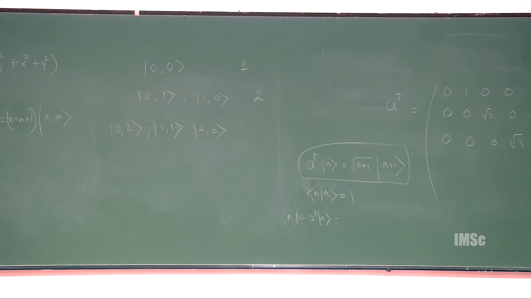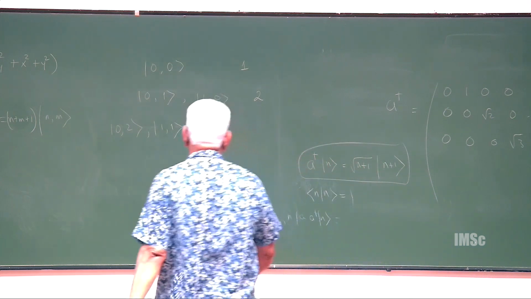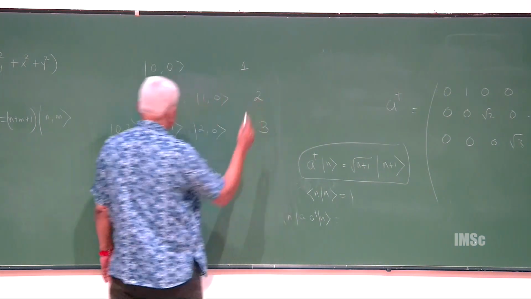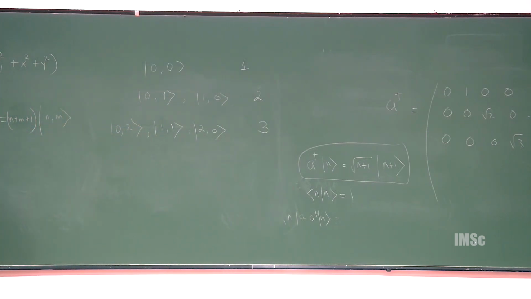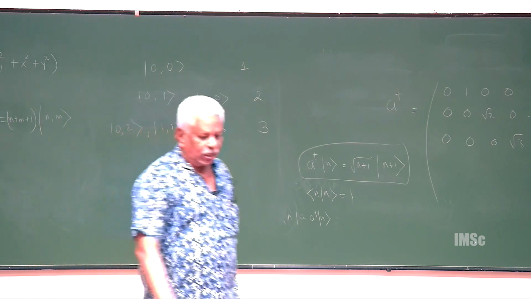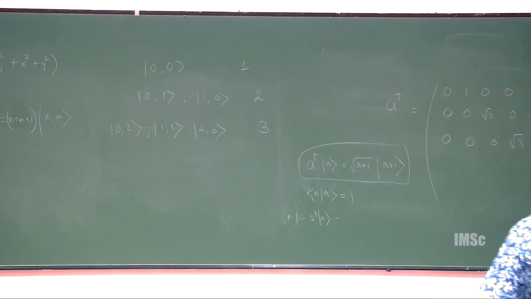The total is how much? 3. So energy eigenvalue 3 has 3 states, labeled by 0, 2, 1, 1 and 2, 0. Energy eigenvalue 4 will have how many states? 3, 0, 2, 1, 1, 2 and 0, 3: 4 states.